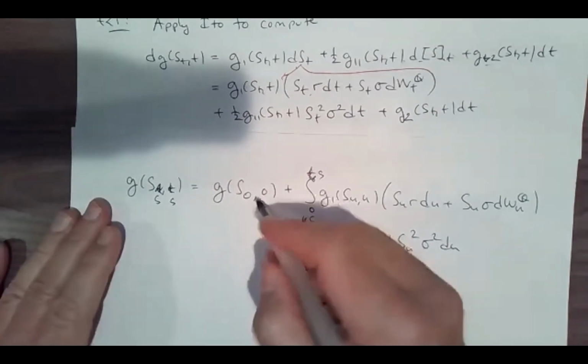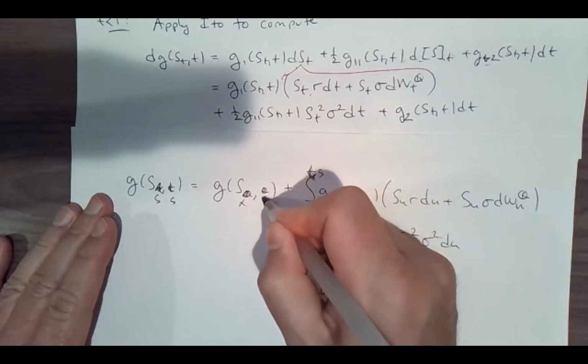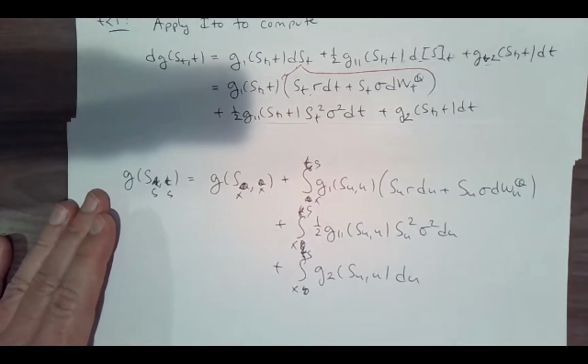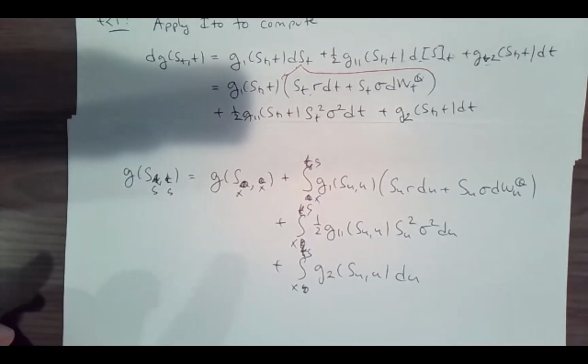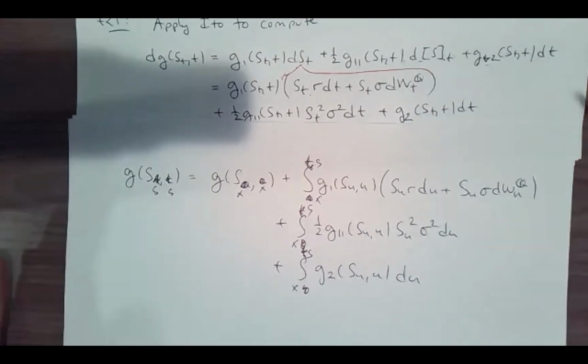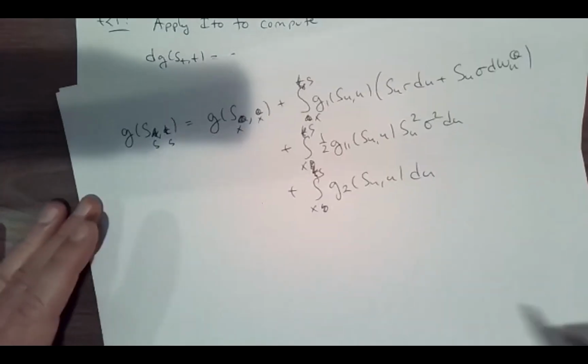You can also put another lower limit here. You can put X. Okay. This is just too much to write all the time, and nobody does it. All textbooks, people drop these intervals. It's the same thing.